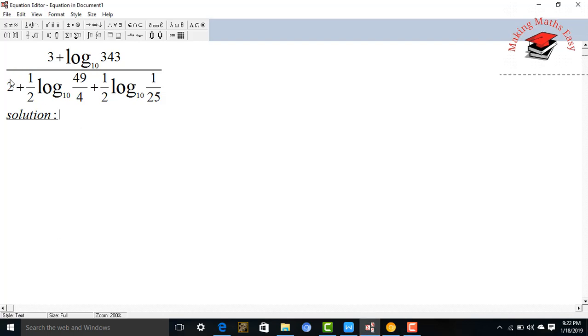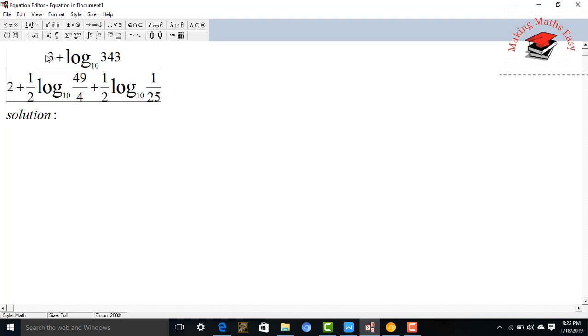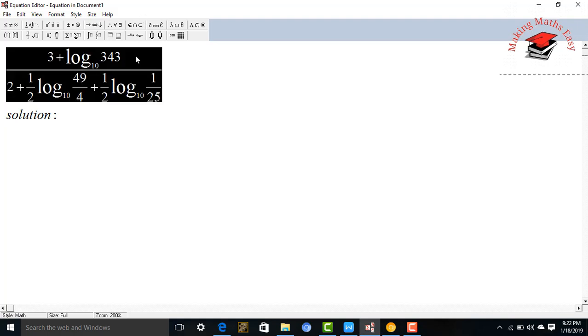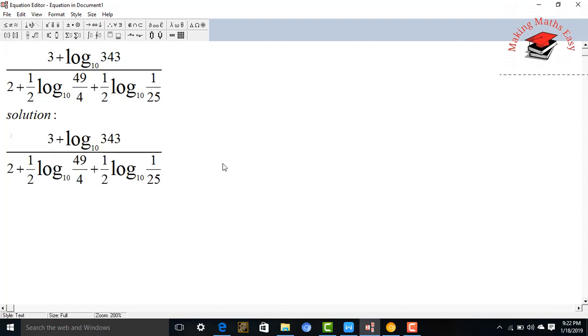First of all, we will consider both the parts, numerator as well as denominator. So first of all we will write the sum as it is. Which is equal to 3 plus log of 343 base 10 can be written as, first we will choose the divide operator.